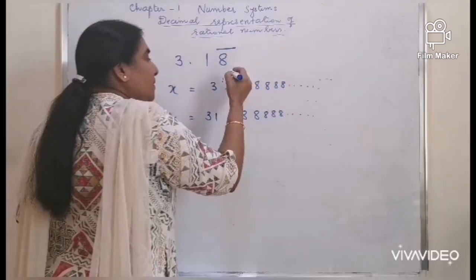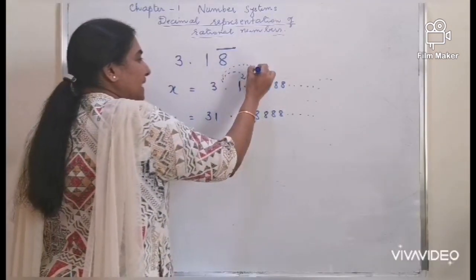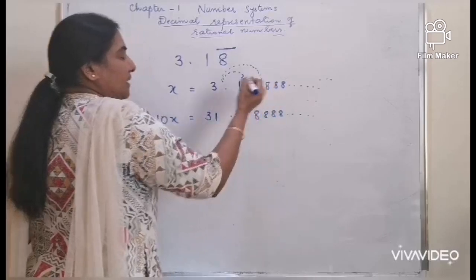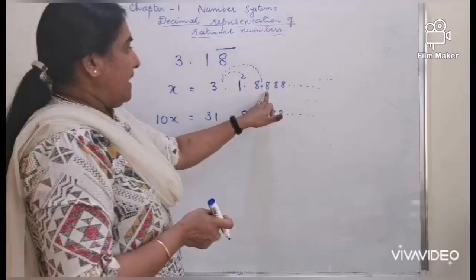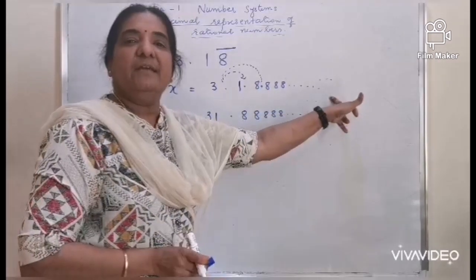Once again, what will you multiply with so that you get one more equation with the decimal point and only the recurring digits to the right?